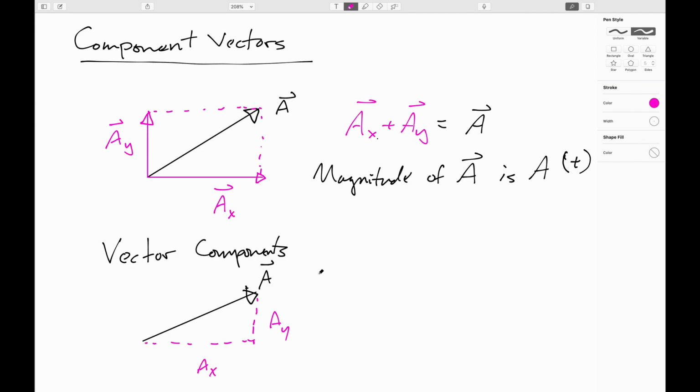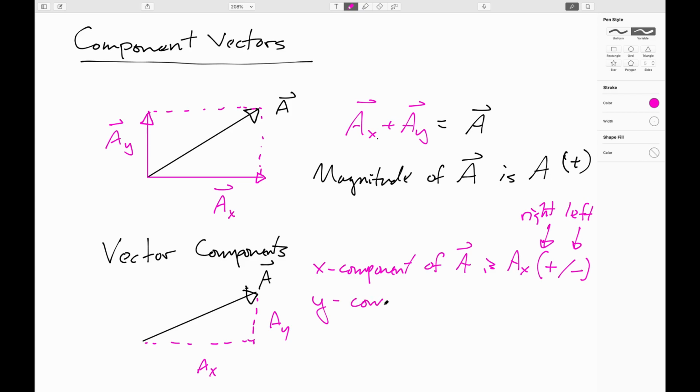So the x component of our vector A is A sub x, but it could be either positive or negative. It's positive if it's pointing to the right, and negative if it's pointing to the left, unless you choose otherwise. But that's the default choice.